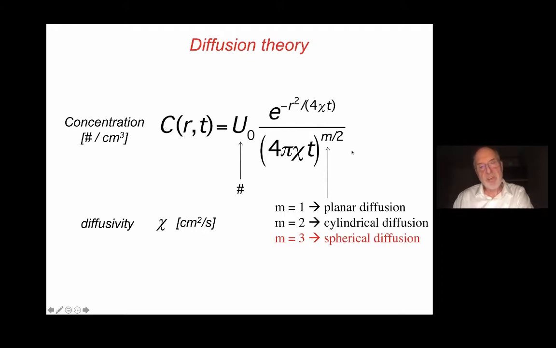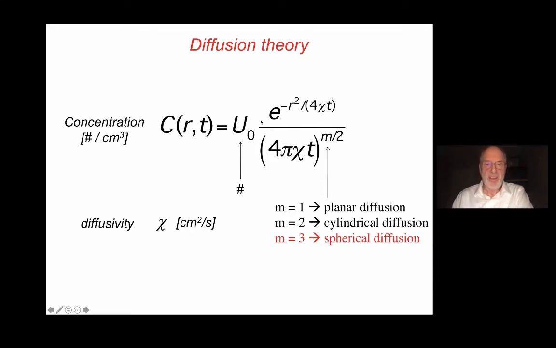It's equal to this expression, which is a Gaussian exponential, with a denominator that has the diffusivity and time. The factor m changes whether you have 1 for planar, 2 for cylindrical, or 3 for spherical diffusion. We're going to use m equals 3.